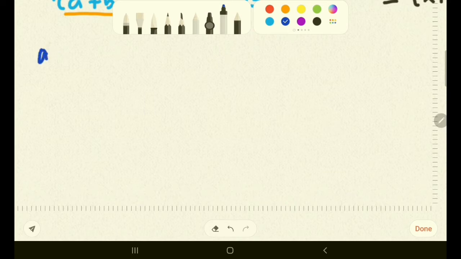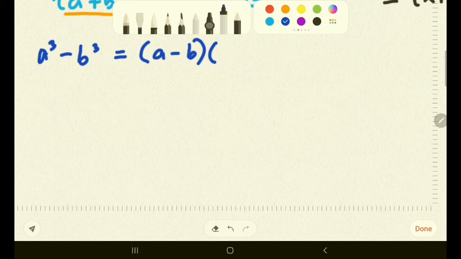So, for a cubed minus b cubed, this is the pattern. You have here the difference of a minus b. So, you just take the base for the first term, a, and then take the base for the second term, b. And then take the square of the first term of your binomial factor.